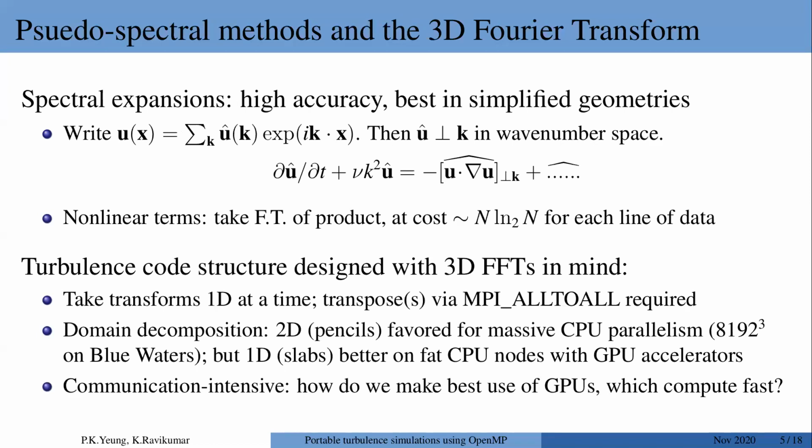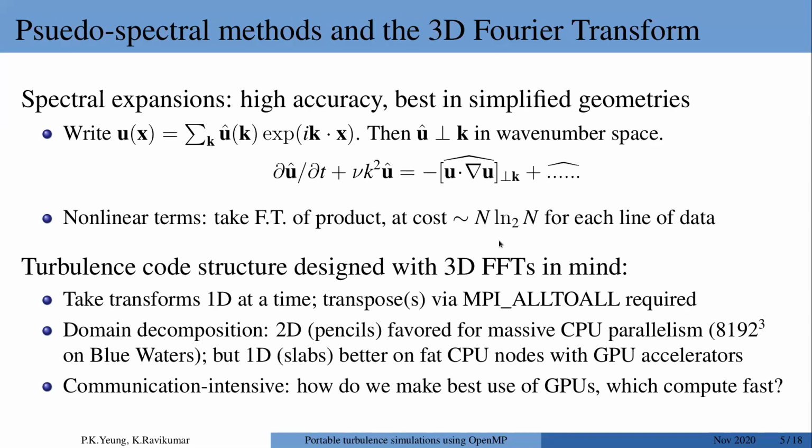The economical way of doing so is to perform the multiplication in what we call physical space, and then take the transform. That gives us a cost of N log N for each line of data. For a three-dimensional Fourier transform, we're going to have N squared of these lines, so that we have N cubed log base 2 of N.